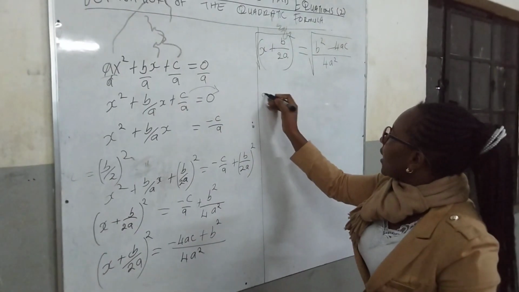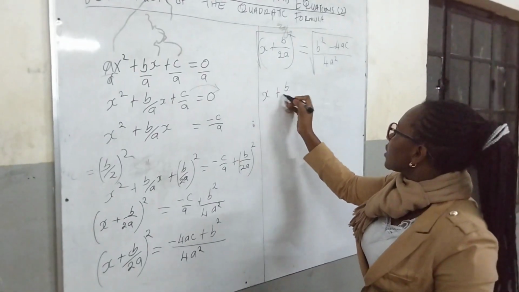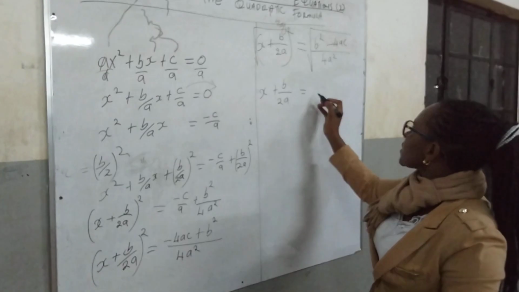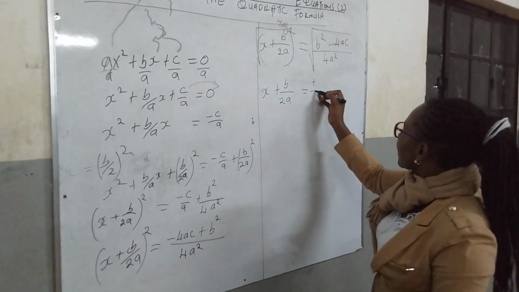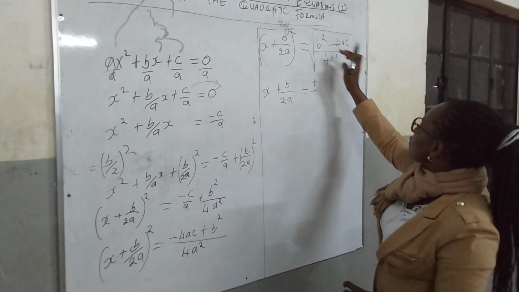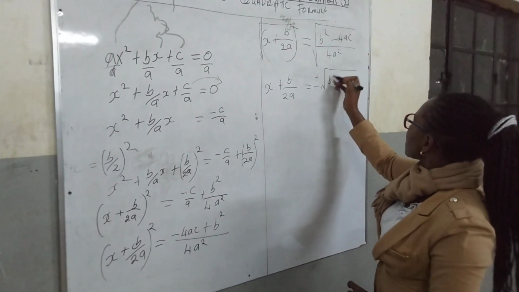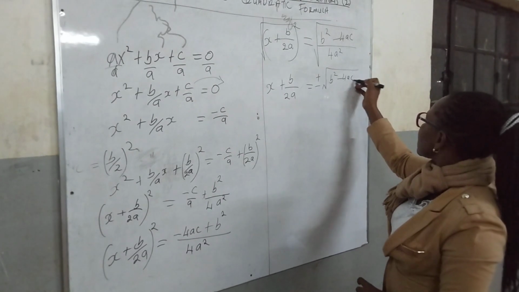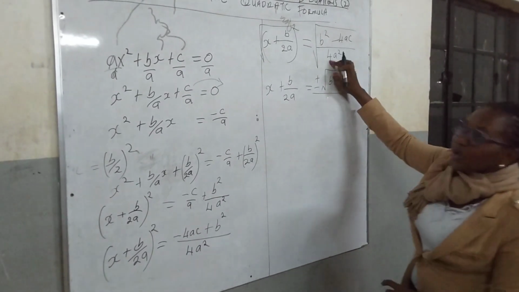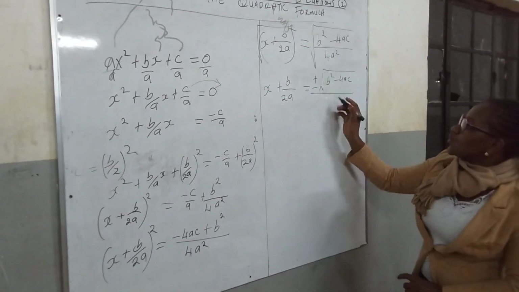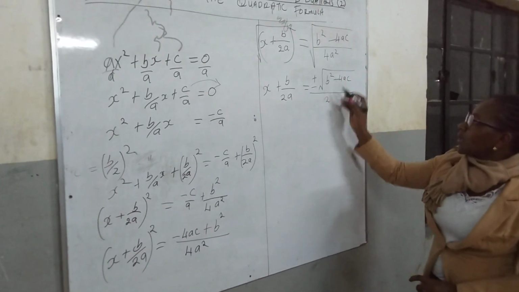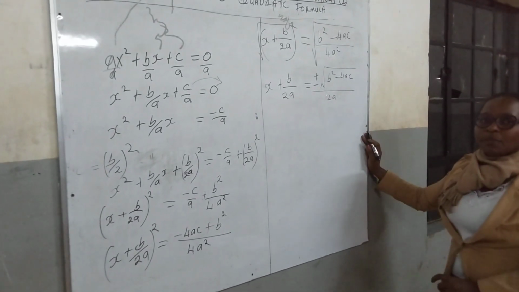We'll be having x plus b over 2a is equal to plus or minus the square root of this one. We can still have it as the square root of b squared minus 4ac divided by the square root of 4, which is 2. The square root of a squared is a.